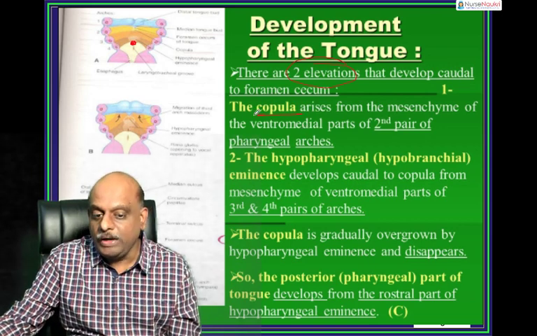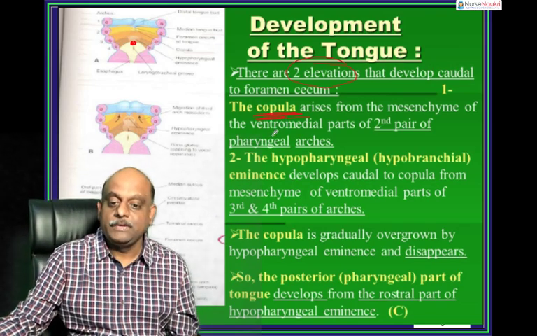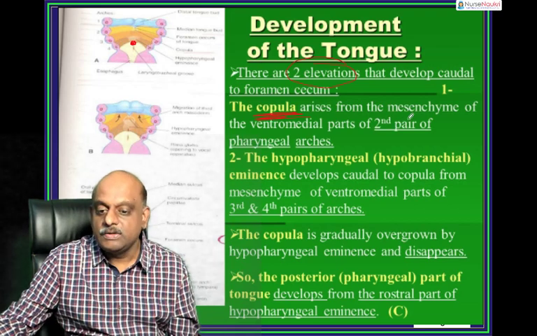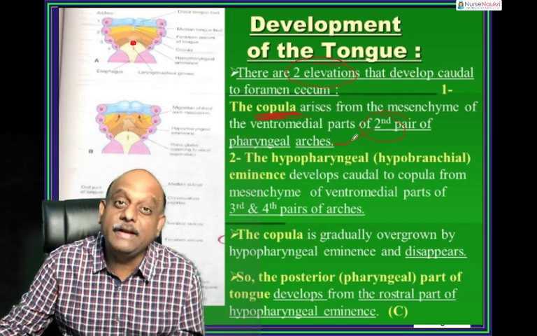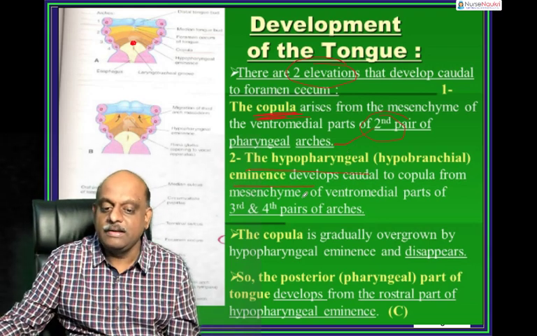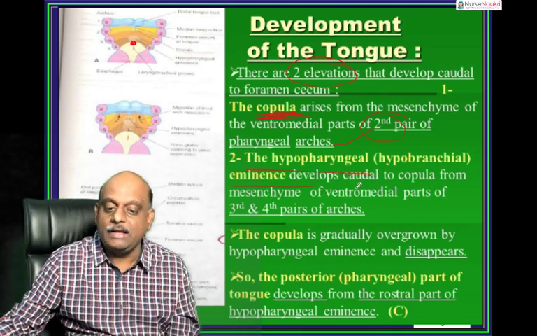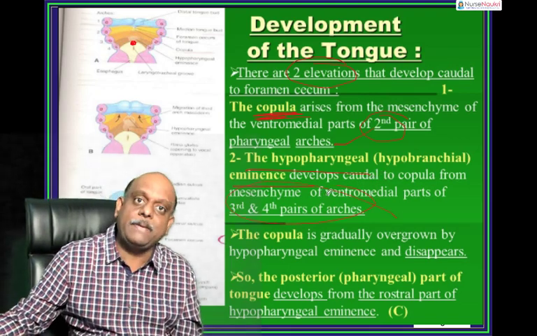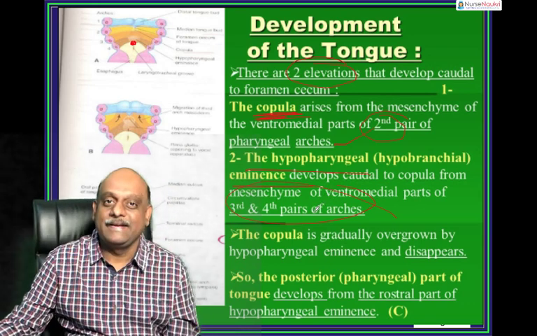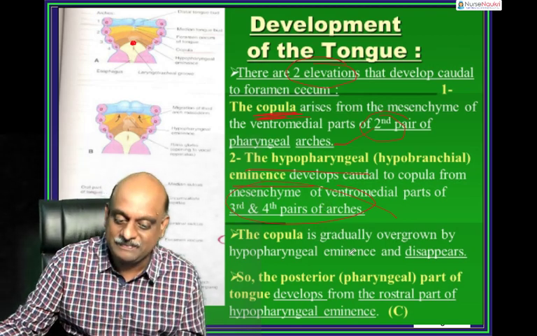The copula in the embryology of the tongue comes from the mesenchyme of the second pair of pharyngeal arches. Then the hypopharyngeal eminence develops caudal to the copula from the third and fourth pair of arches. That is the reason glossopharyngeal is the one which is basically supplying it.